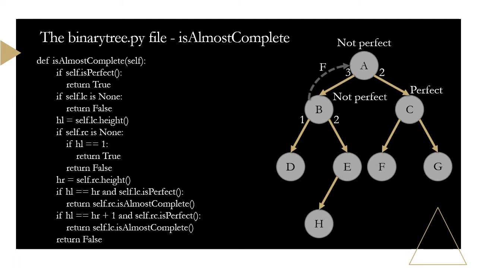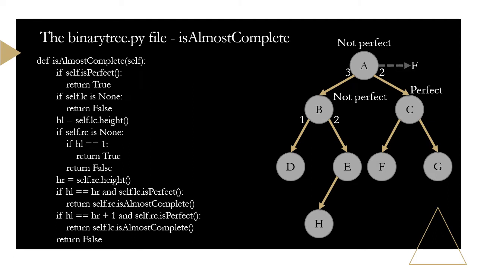Now that we have returned false to A, this answer is coming to A from its left subtree, and whatever answer A receives, it is just going to forward that answer or return that answer to the calling program.